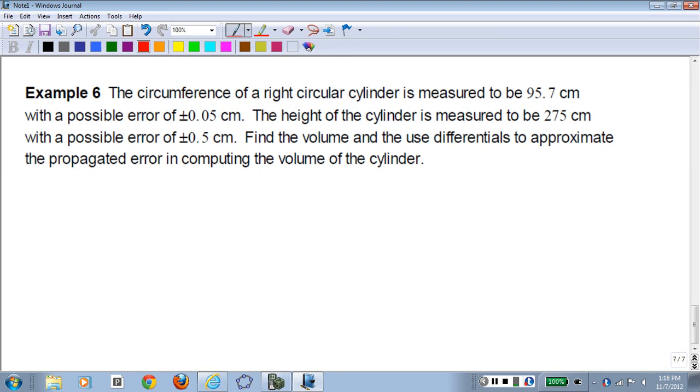What is the formula for this? Well, let's see. What is the formula for the volume of a right circular cylinder?